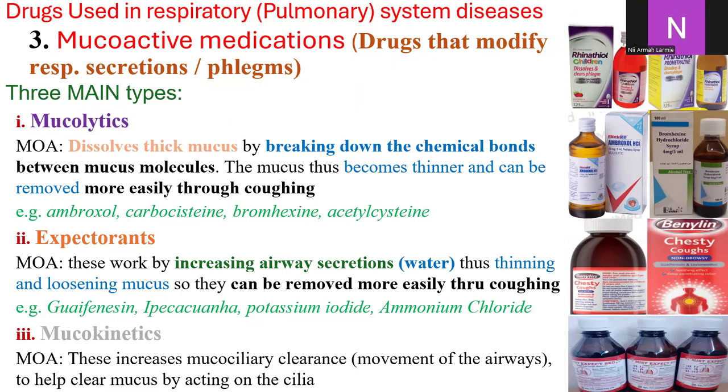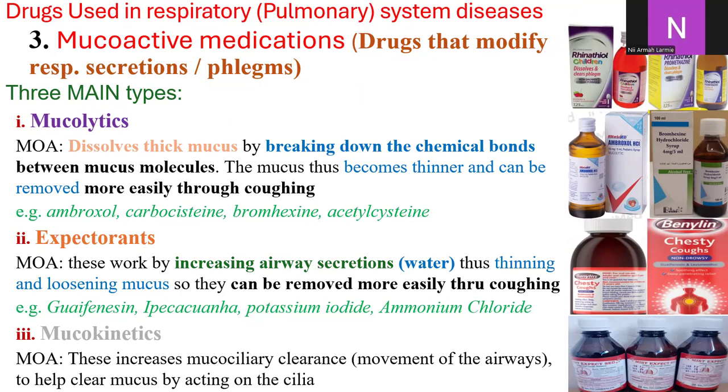Once the molecules are broken apart, the mucus becomes thinner and easier to remove. So once we've taken these medications, coughing will make it easier to remove the phlegm because it has been broken down into smaller pieces. Examples of such agents include ambroxol, carbocisteine, bromhexine, and acetylcysteine.